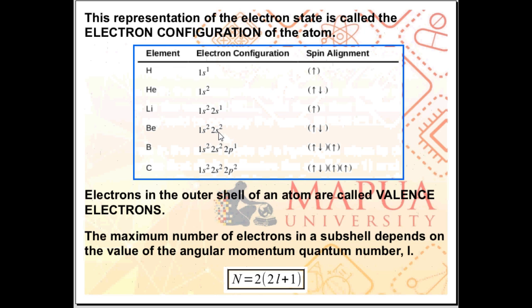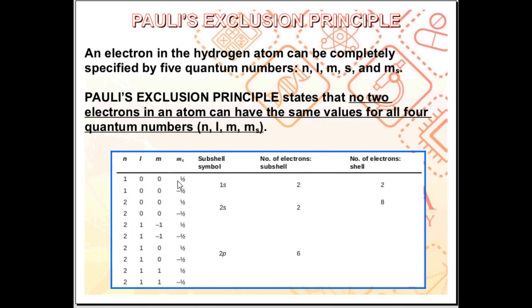So 1, 0, 0, 1/2 and 1, 0, 0, negative 1/2 are in the same shell, the shell of n equal to 1.